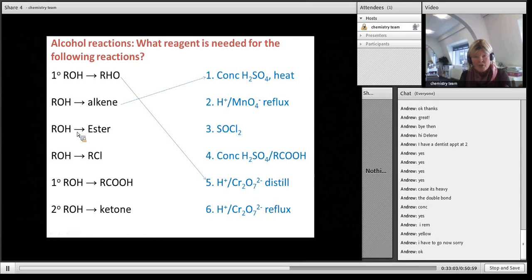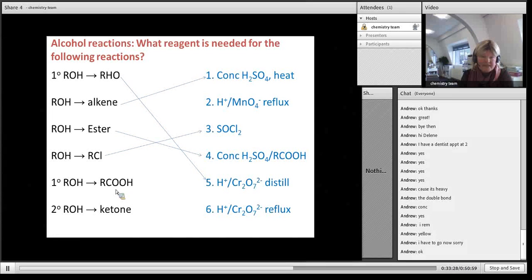So I need to look for carboxylic acid. And because I'm removing water in that reaction, I've got concentrated sulfuric acid. If I'm going from an OH to a haloalkane, if it's a chloride, I'd use SOCl2. That's a great one to use. Otherwise, there are other ones, as I mentioned, PCl3, PCl5.